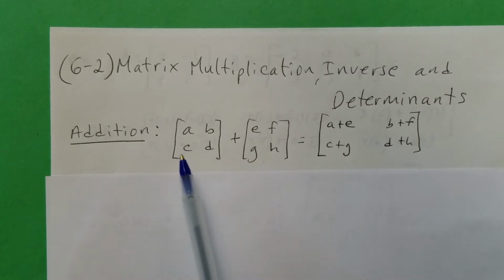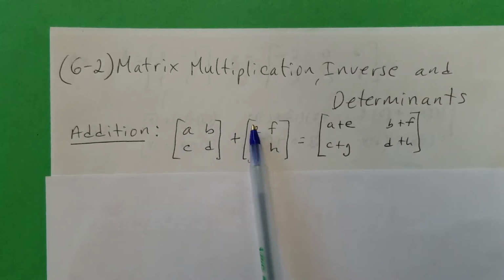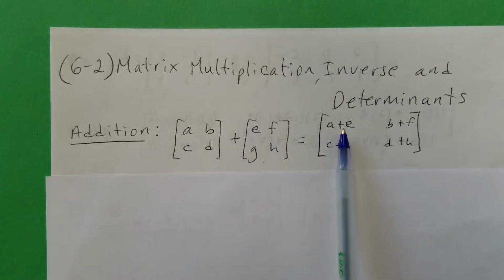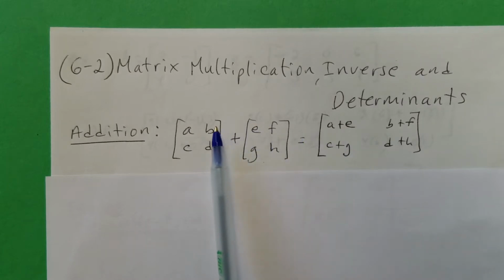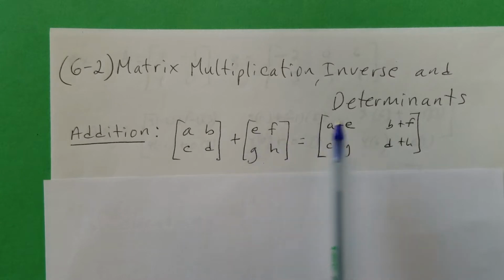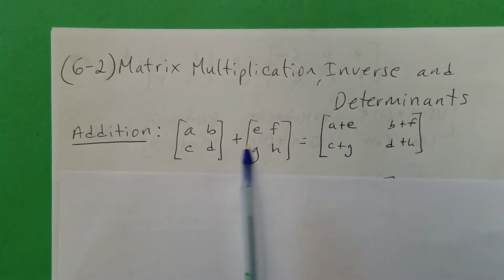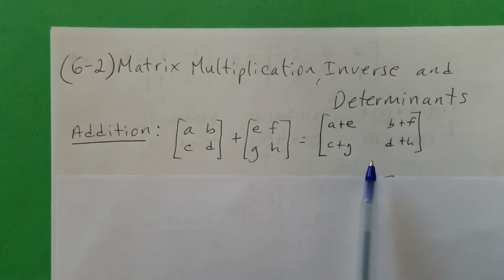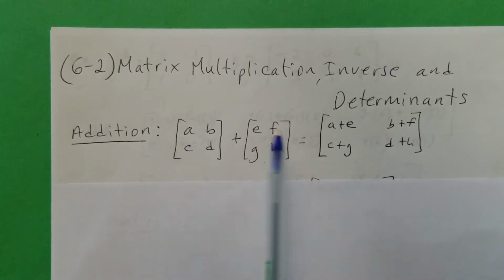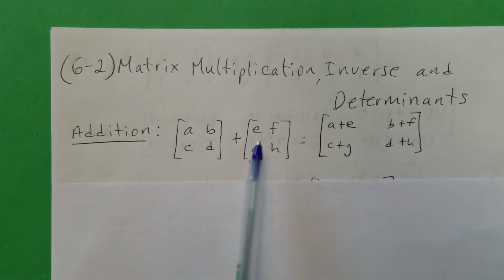You add the first to get the first number here. You add these two to get the next number here, and then these two, and then these two, and you write the answers here. So notice that it only works when they match, when they've got the same columns and rows, because otherwise there'll be something sticking out and it won't work.